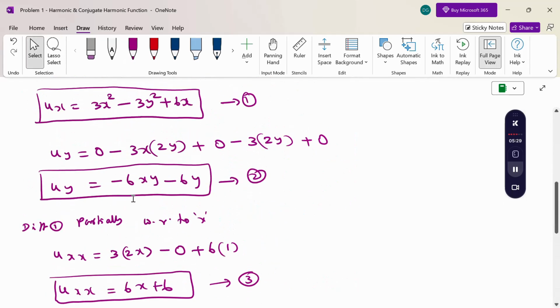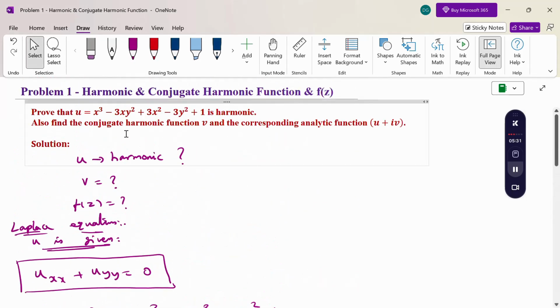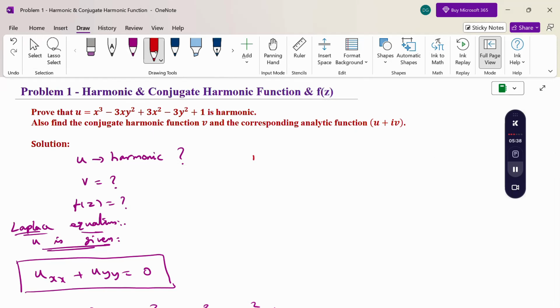The second one and third one: the second is the conjugate harmonic and the third is the analytic function. We have some methods. Method 1: u is given, then how to find v? From u given, find v using the conjugate harmonic formula.